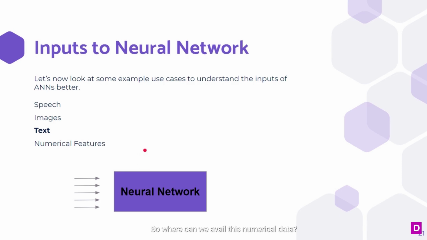So where can we get such numerical data? Suppose it is data covering the transaction logs of a credit card, then definitely it will be in numerical form, available as numerical features as well. These are all the types of data which we can feed into the neural network.